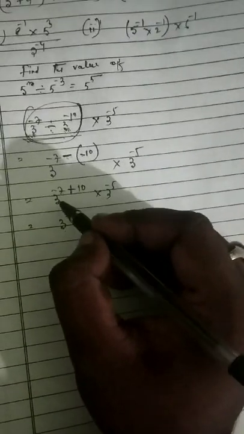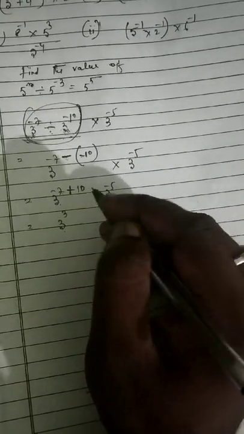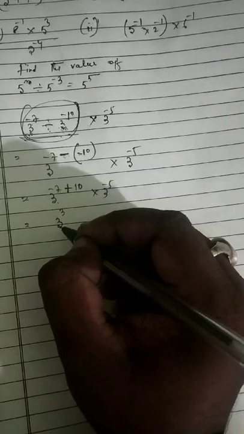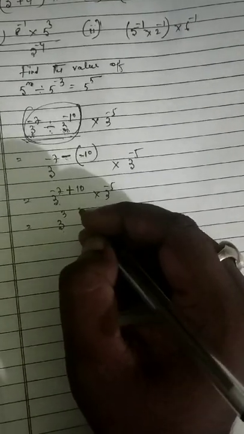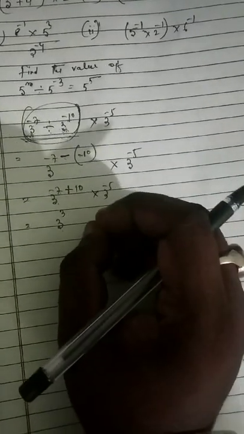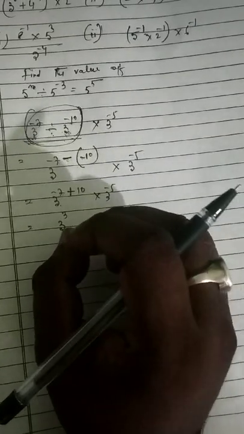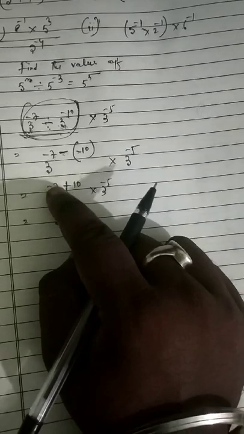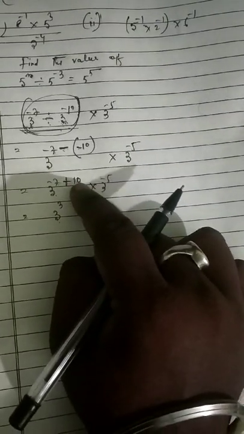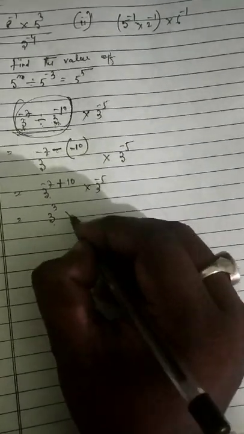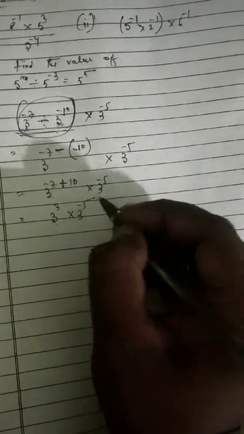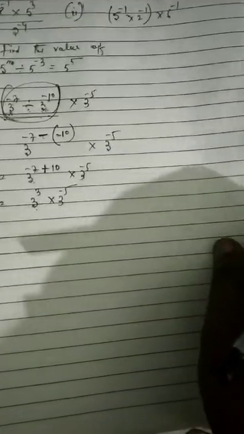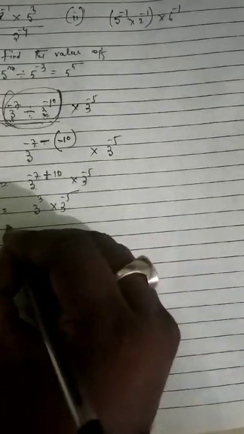So 3 to the power minus 7 plus 10 will result in 3 to the power 3. Children, if you are having any confusion, please listen to this portion very carefully. It will be 3 to the power 3 into 3 to the power minus 5, just coming from the question itself.